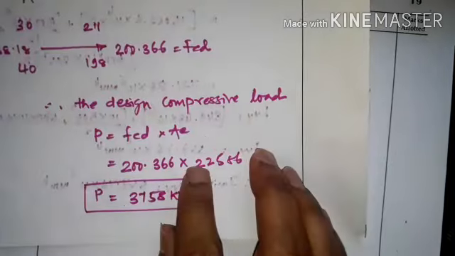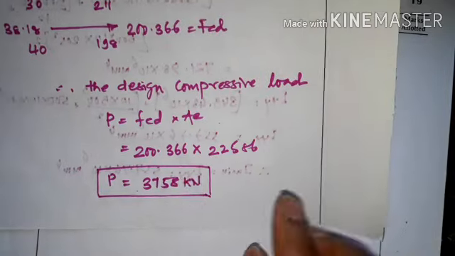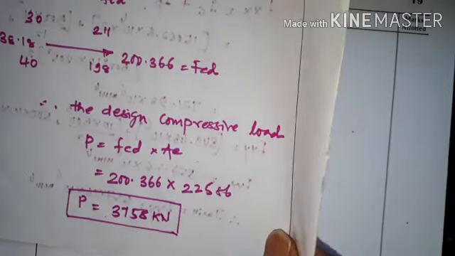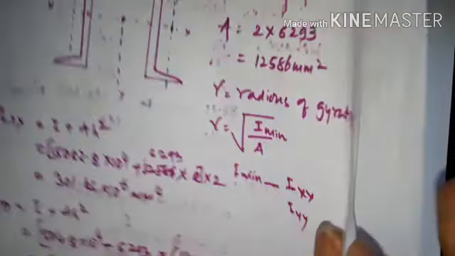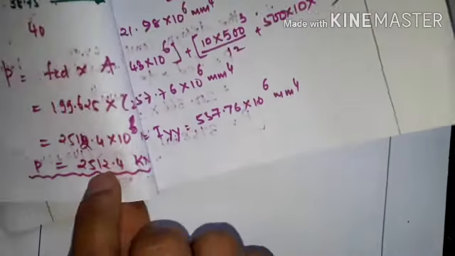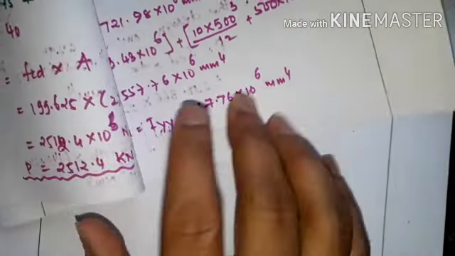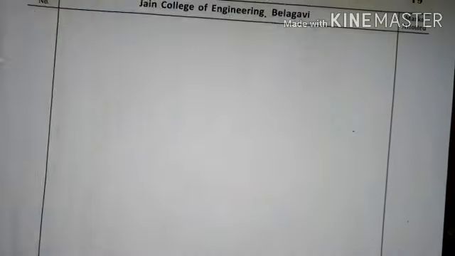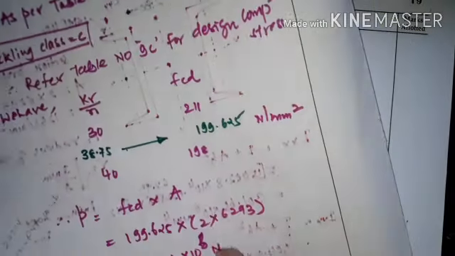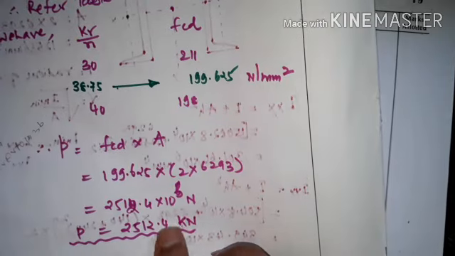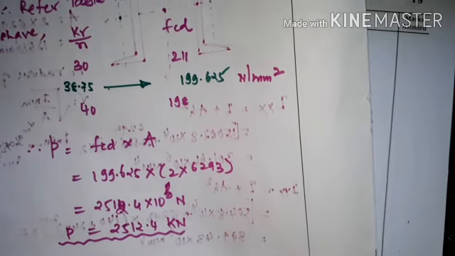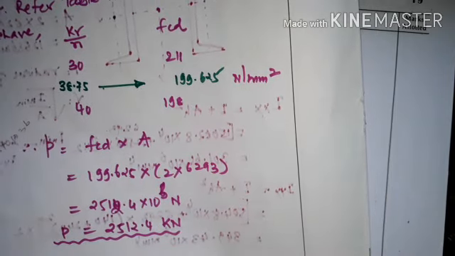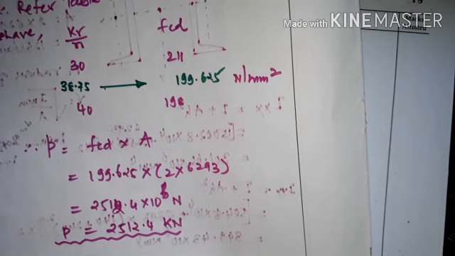Okay, so once we check without cover plate how much you got. If you check that without cover plate, you have got it as 2512 kilonewton. Without cover plate we have got P as 2512, and now it is 3758, which means almost 1200 kilonewton increase in the load carrying capacity.